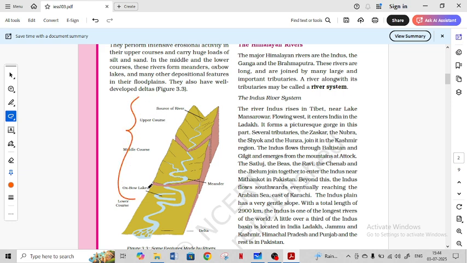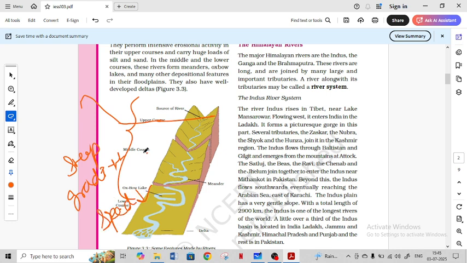There are three courses of a river. One is the upper course, which is mostly in the mountainous region. Then comes the middle course, and then the plain region. The upper course of rivers is mostly steep and the gradient is high, whereas as the river moves down through the middle and lower course, the speed or velocity decreases.